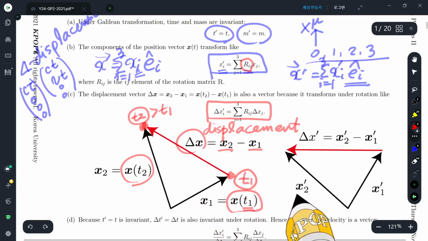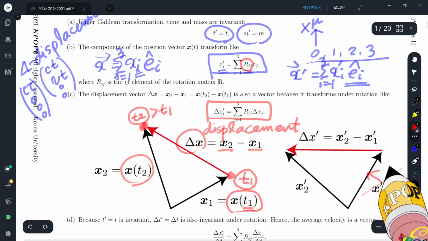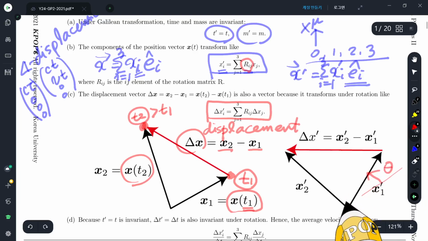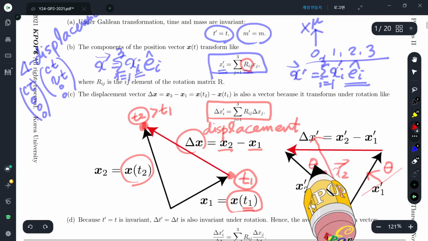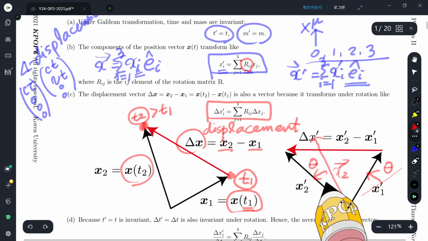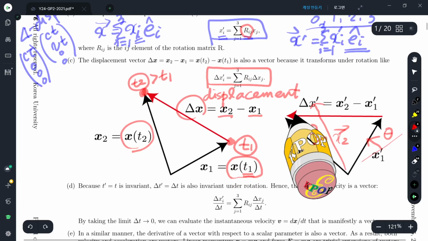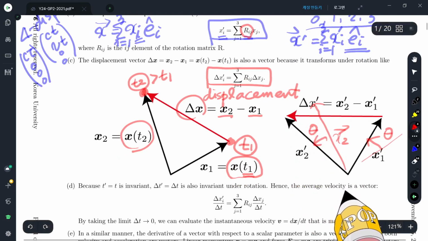What we have done is rotate every vector by the same angle. This is the initial direction, and this is the angle theta. It used to be there, x2 used to be there, but we have rotated the vector by an angle of theta.